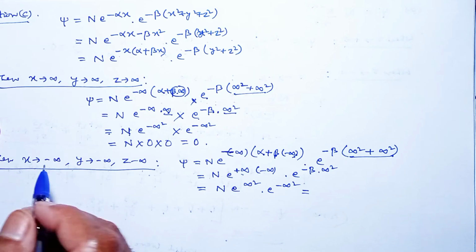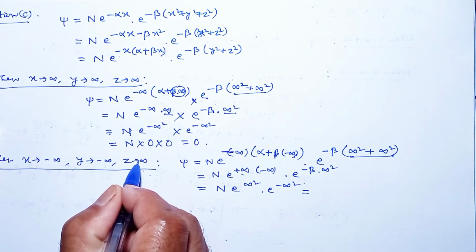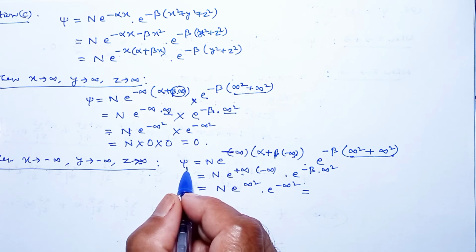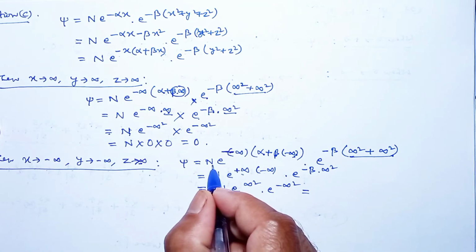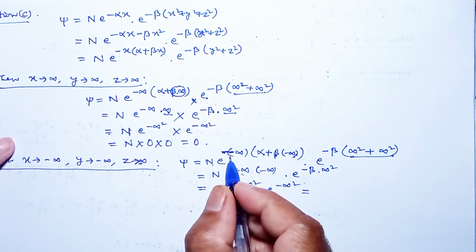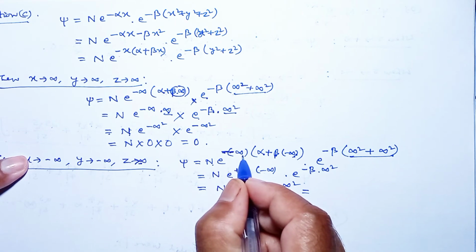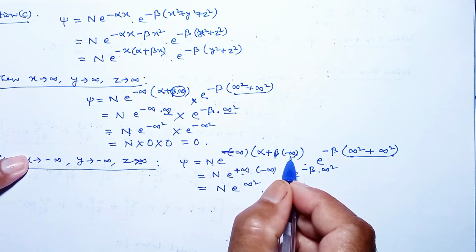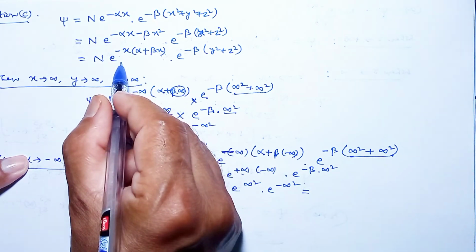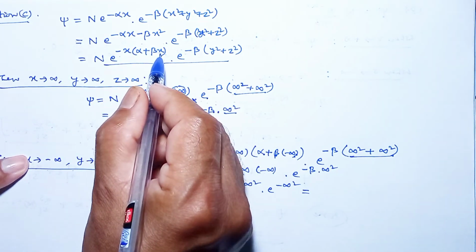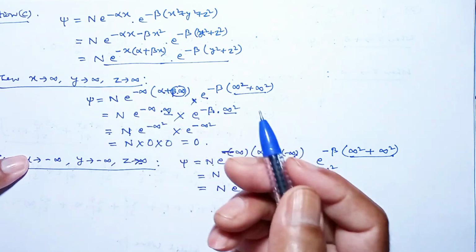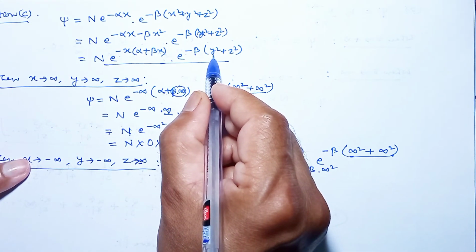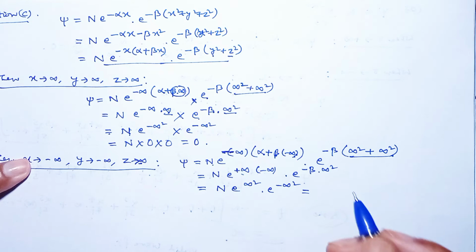Now x tends to minus infinity, y tends to minus infinity and z tends to minus infinity. Wave function psi becomes N e raised to minus of minus infinity times (alpha plus beta times minus infinity). Here we have put minus infinity in place of x, y and z.